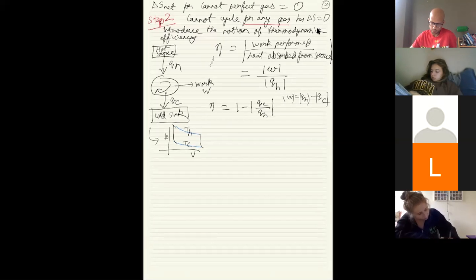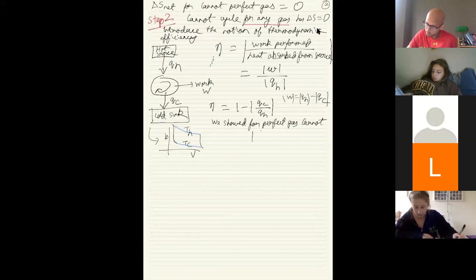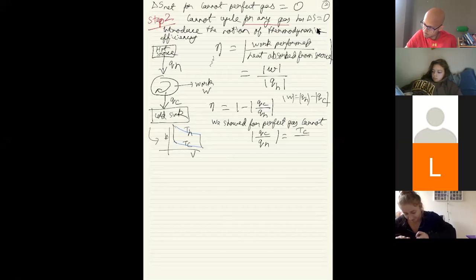So we just showed, for a perfect gas, Carnot, that modulus of QC by QH is equal to TC by TH.